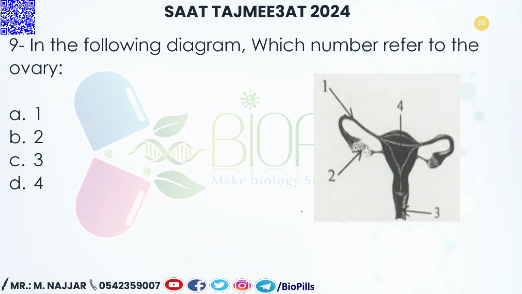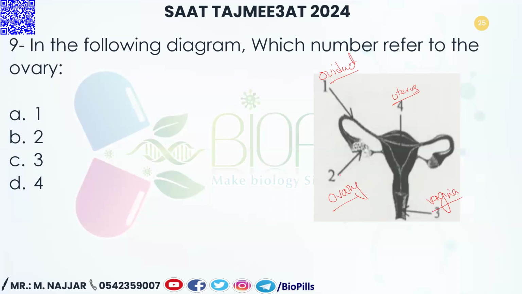Okay. The ovary in this diagram is represented by number 2. Number 2. 4 is not the ovary. 4 is the uterus. 1 is the oviduct. 2 is the ovary. 3 is the vagina.